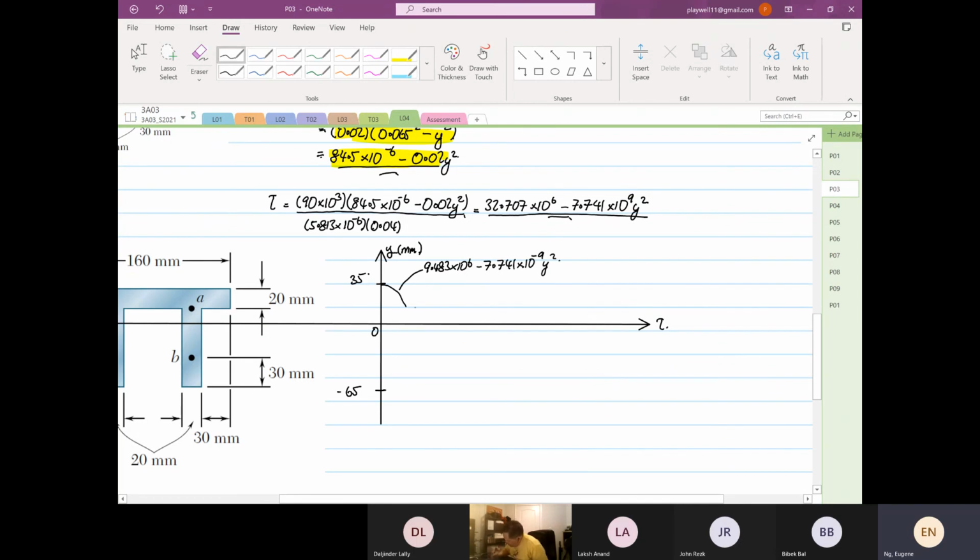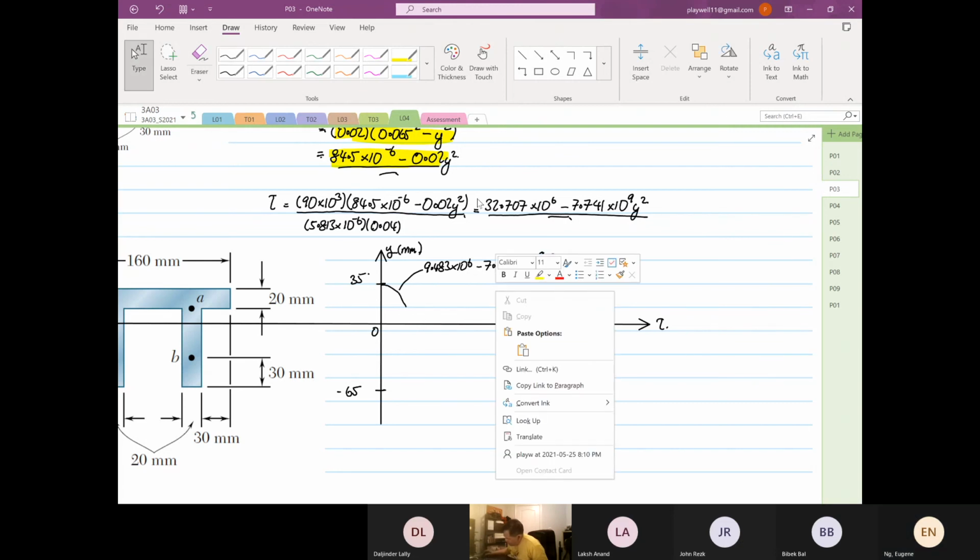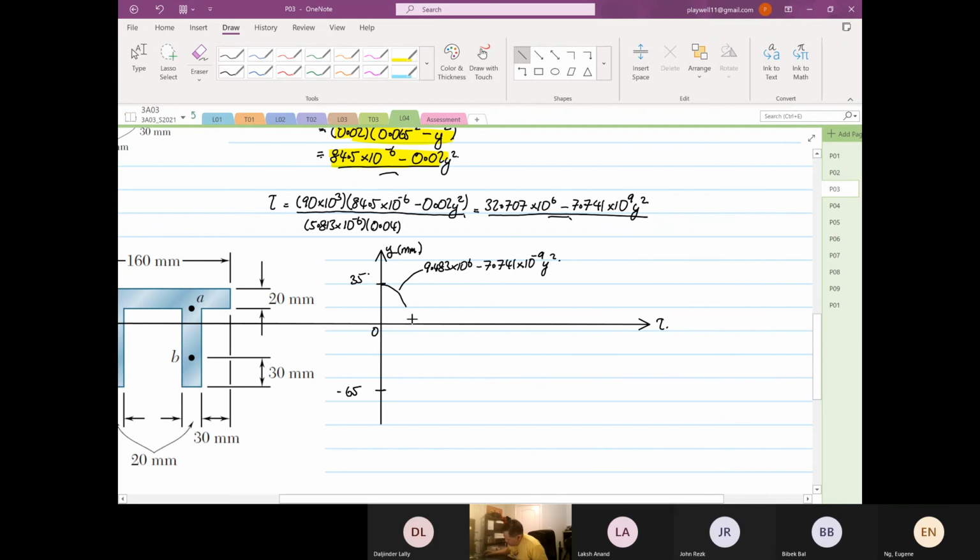And then we have a step function because the thickness changes, right? Because it's the web section now. So the thickness changes, and then we have a curve doing this now.